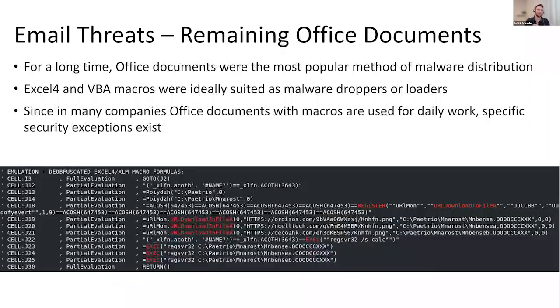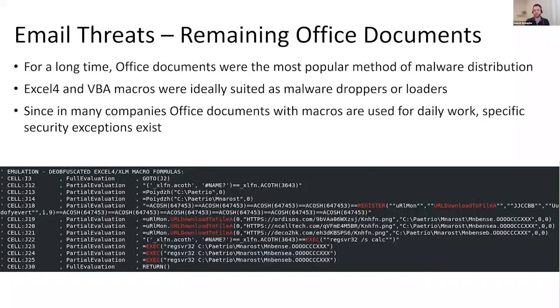So as I mentioned, Office documents are very, very popular, or were very, very popular for a long time. And the reason for this is that you can actually use XL4 or VBA macros within Excel documents or also Word documents. So this is really convenient because you can execute code, and this code can be benign or malicious.